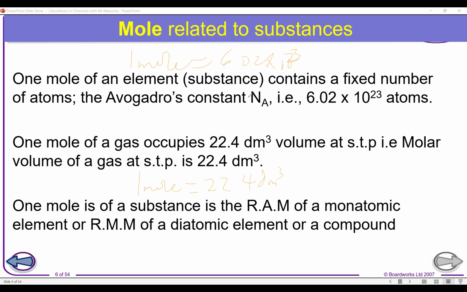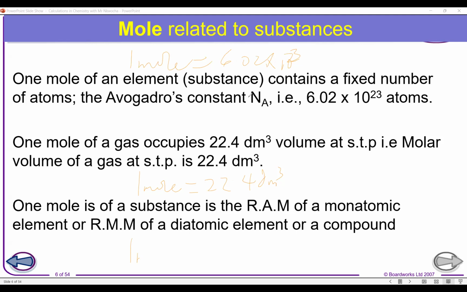Okay, that's very simple. In fact, one mole of any element or any molecule weighs its relative molecular mass. So let's say, for example, we have calcium. Calcium is number 20, that's the atomic number, but the mass number, the relative atomic mass, is 40.